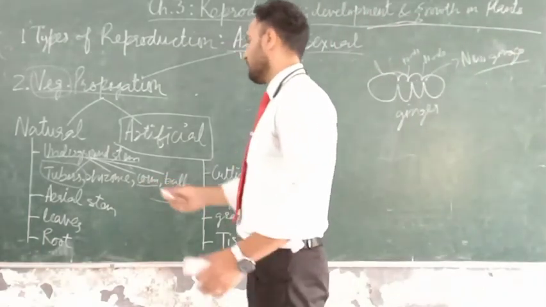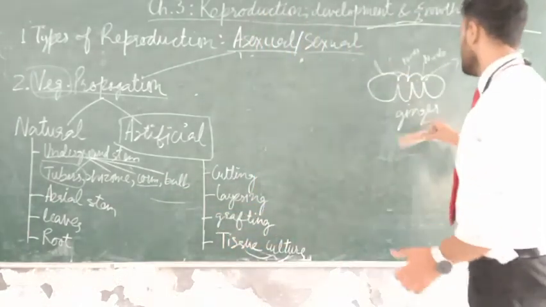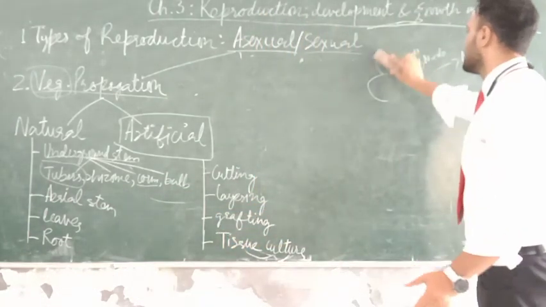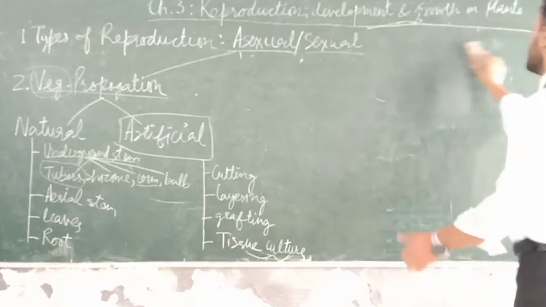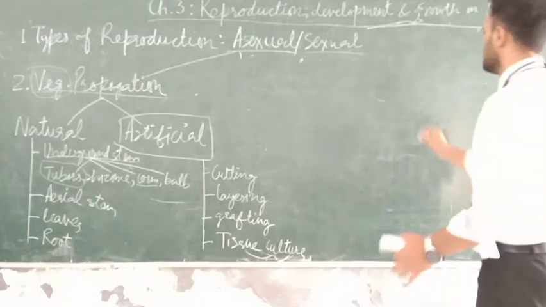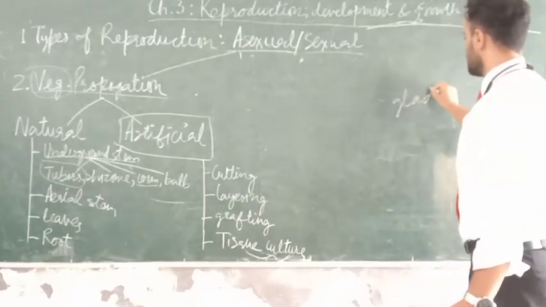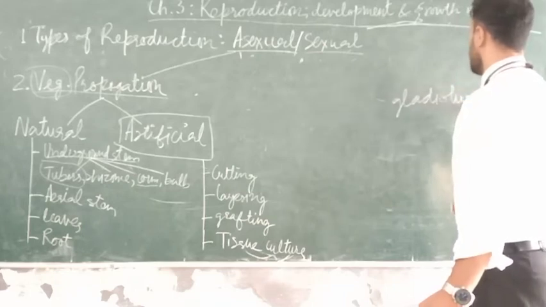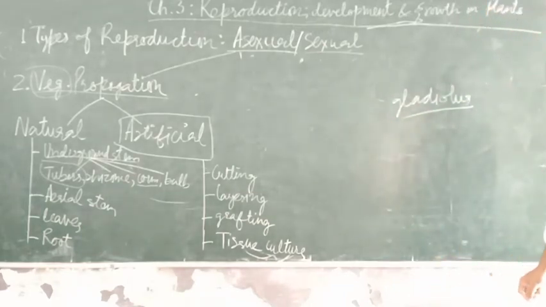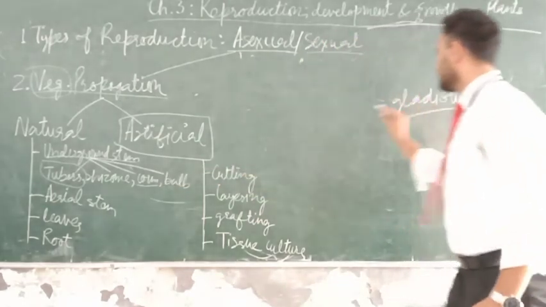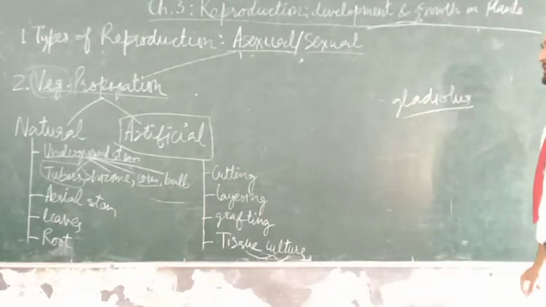Next one is the corm. The corm example is gladiolus. What is a corm?